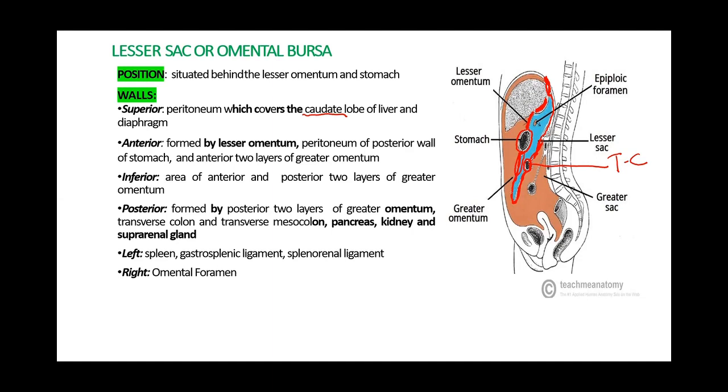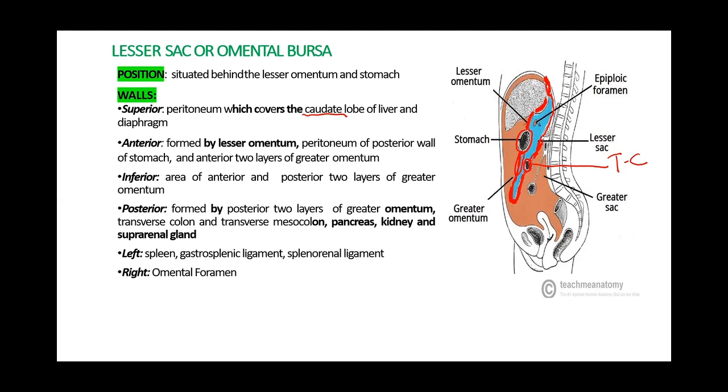The inferior border, okay, area of anterior and posterior two layers of the greater omentum. Then posteriorly is formed by the posterior two layers of greater omentum, that is this.